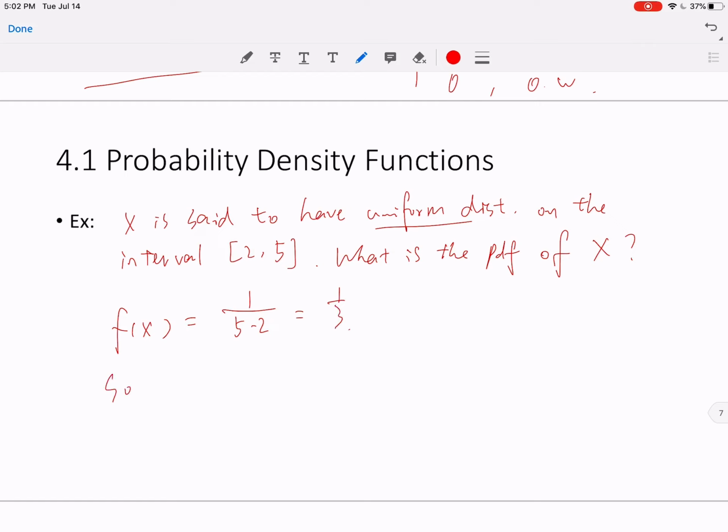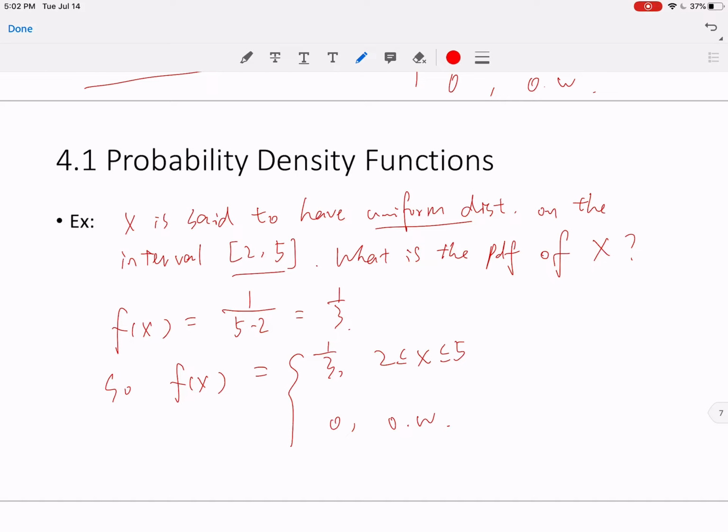Putting it in general form, f of x would be equal to 1/3 for x greater than or equal to 2 and less than or equal to 5, and 0 otherwise. That's how we find the PDF of a uniform distribution with a given interval here.